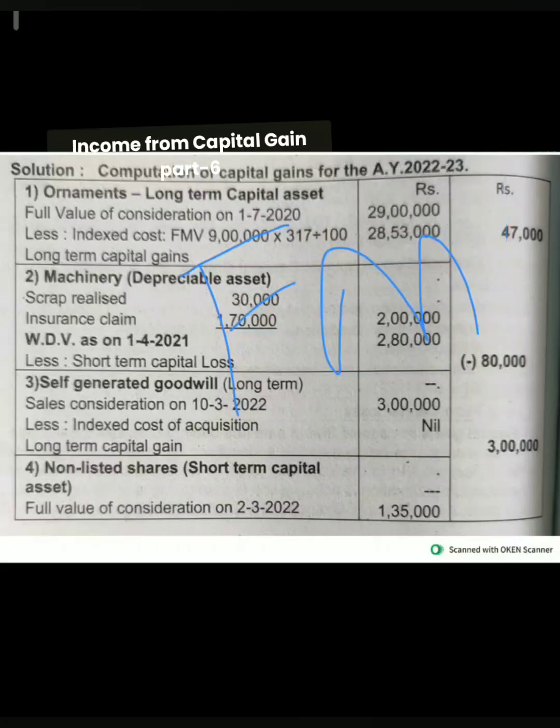So the fair market value considered is 9 lakh. 9 lakh into 317 divided by 100, then indexed cost of acquisition is 28 lakh 53,000. So under the first case, taxable long-term capital gain is 47 lakh.